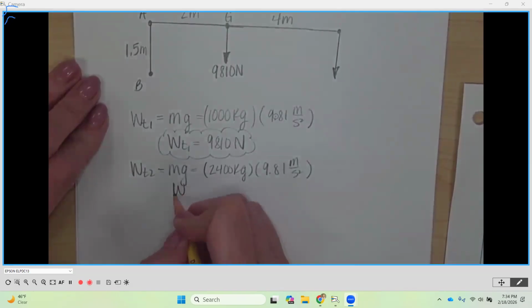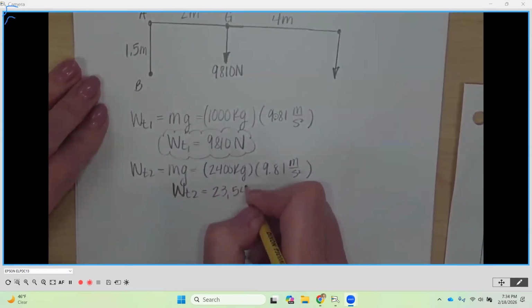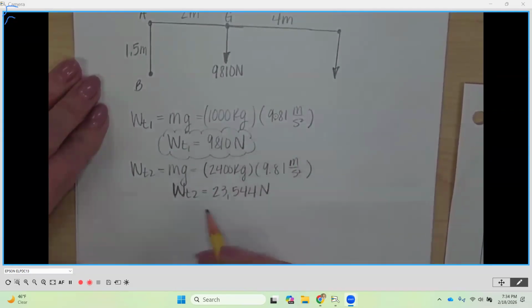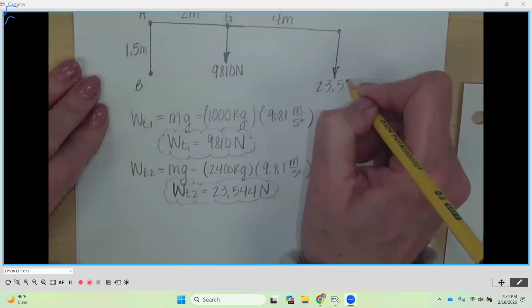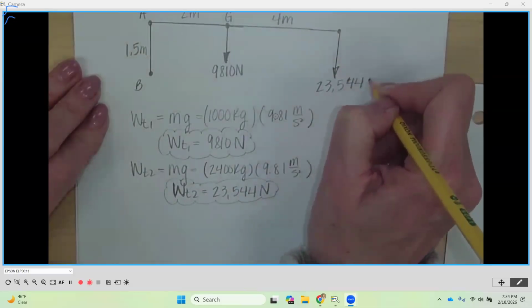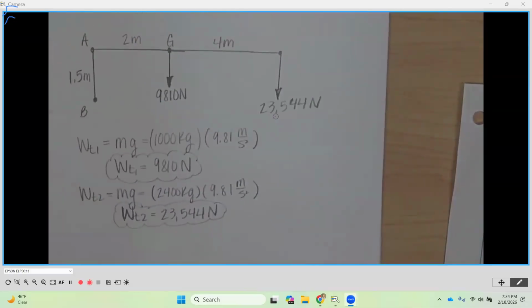Our weight 2 looks like it's 23,544 newtons. So this is 23,544 newtons. Do you guys get those same numbers if you're punching them in?